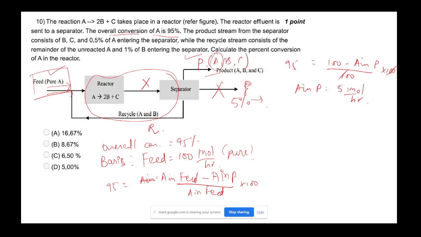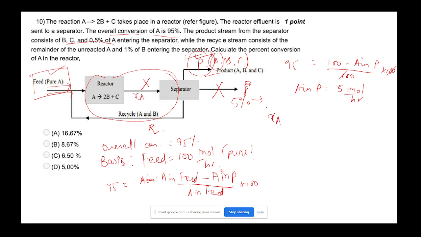Now the product stream from the separator consists of B, C and 0.5% of the A which is entering the separator. So this is nothing but 0.5% of the A which is present here. Let's say the A present here is XA.